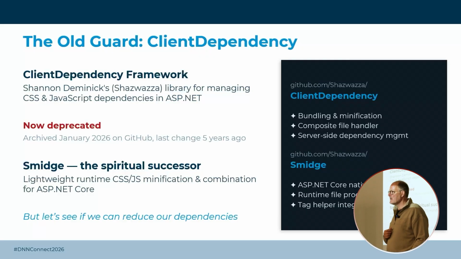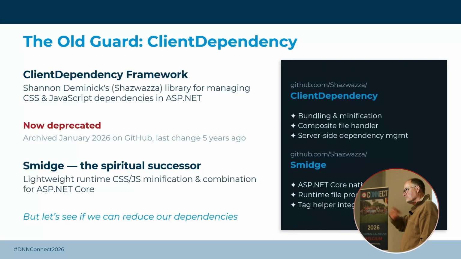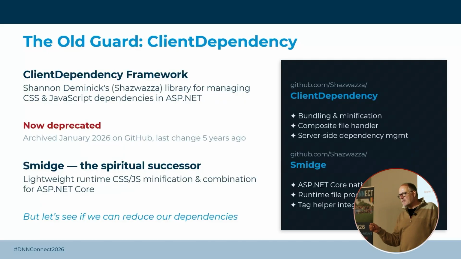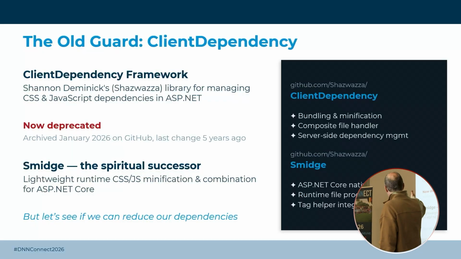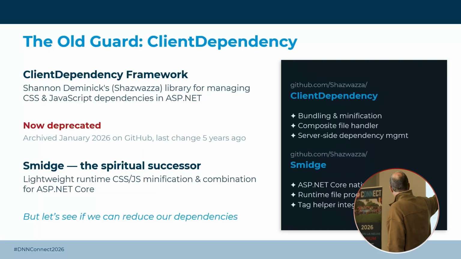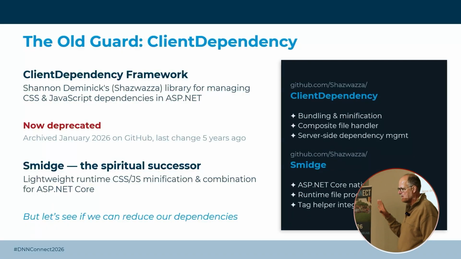The author clearly marked it as, I'm not doing anything with this anymore, with the note, you shouldn't be on .NET Framework anymore, you should be on .NET Core, so I'm not maintaining this anymore. So he's moved on. And he leaves a little note to say, well, you could go to this .NET Core thing that I'm doing, which is lightweight, as he says. It does minification and combination, but that's it.